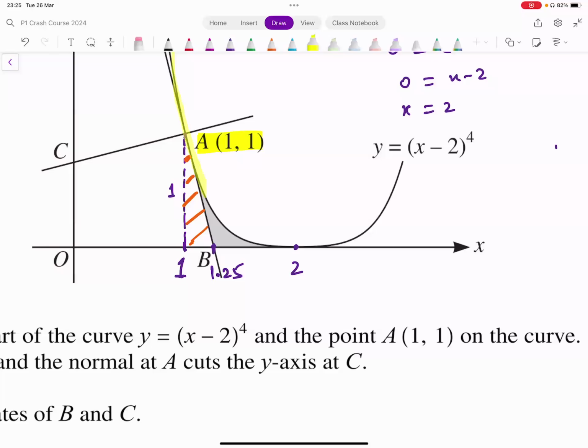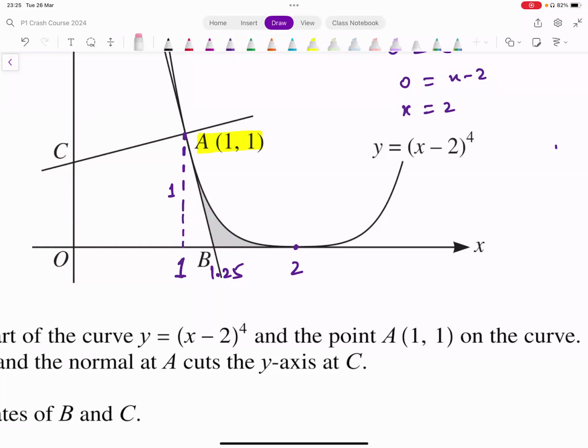This is the curve. This is the line. How can we find the shaded area? The shaded area can be found by subtracting from the area under the curve the area under the line.